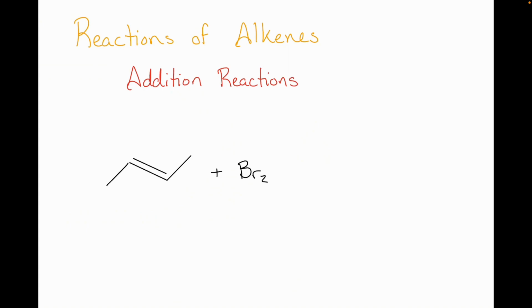And I'm going to color code these carbons on either side of this double bond. Okay, so if I react, and this is just an example of one of the reactions, my product now has a bromine on the carbon on either side of that double bond, right?